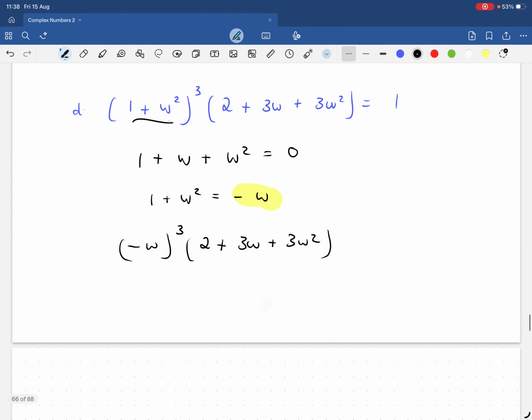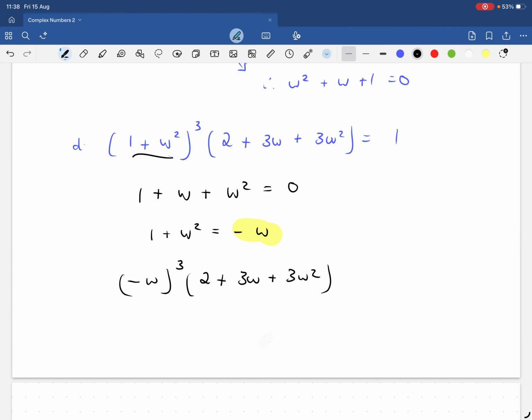And we want to try and get rid of everything so we've just got 1, because I actually know w cubed is 1 because it's a root of unity. So minus w cubed would be minus 1. So in an ideal world, I'd like this to be minus 1.